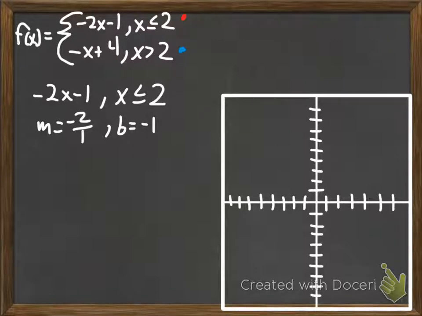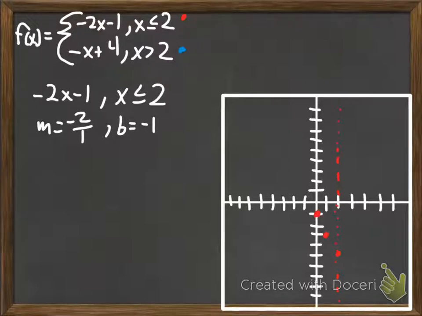We go down to negative 1, then down 2, right 1, and then down 2, right 1 again, and I'm going to stop here because this says x is less than or equal to 2. So I have to look at this dot on x equals 2. Here's where this part of the graph stops. My line's not going to go past that.